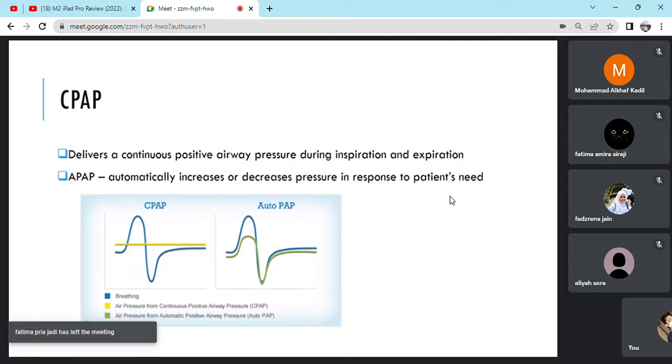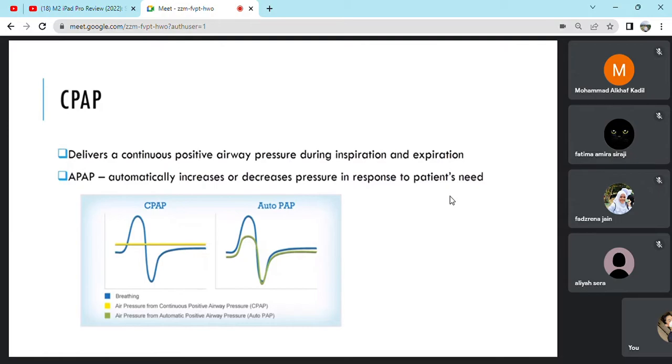Okay? And then your APAP, again as I've said, auto positive airway pressure. Why auto? Because it will sense the changes in the pressure in the airways of your patient.